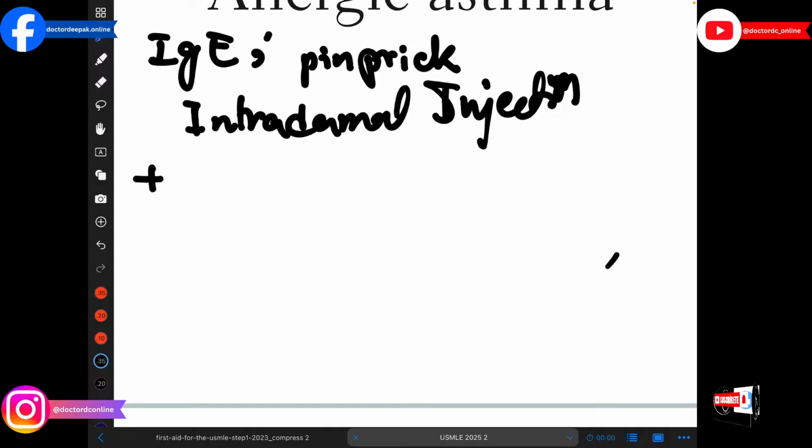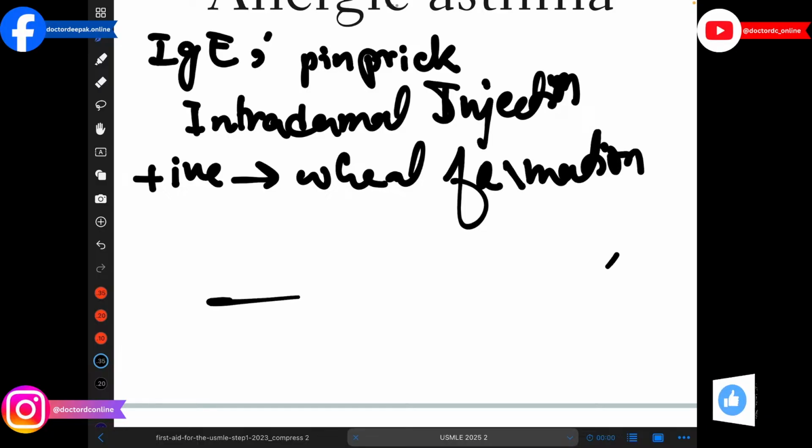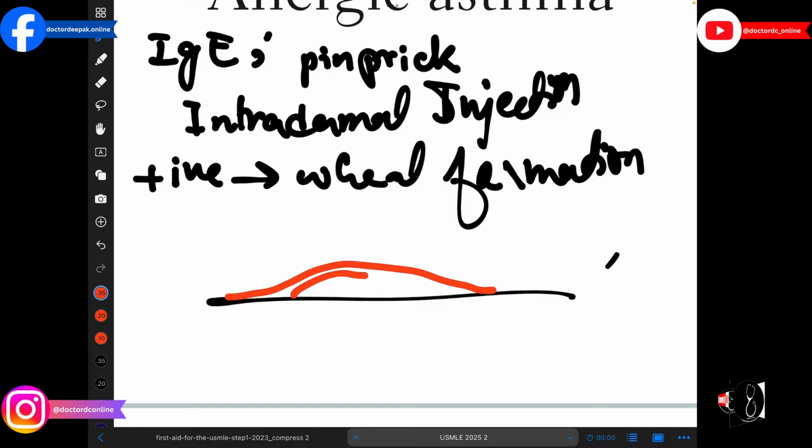If there is a positive response, there will be wheal formation. For example, this is the skin, and if it has positive IgE, it will be like that. A wheal is formed on the skin. Understand?